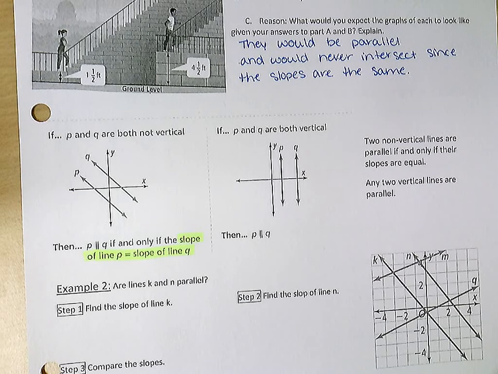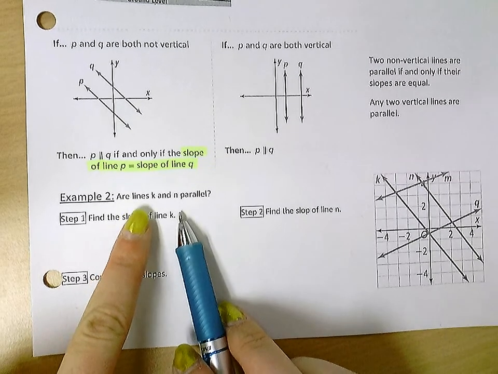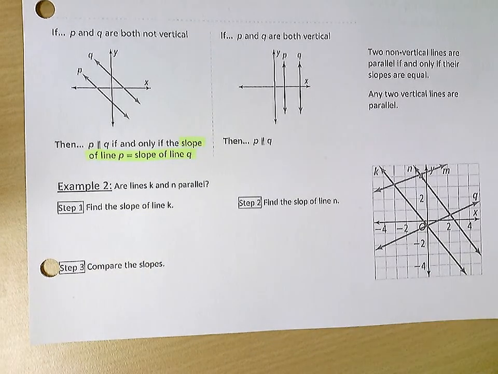So we are going to do an example to see if two lines are parallel to each other. In example 2, we're determining if lines K and N are parallel from this graph. Finding slope given a graph is a little bit easier. You can just count your rise over your run on your graph.